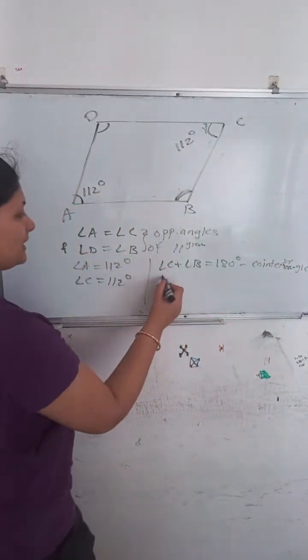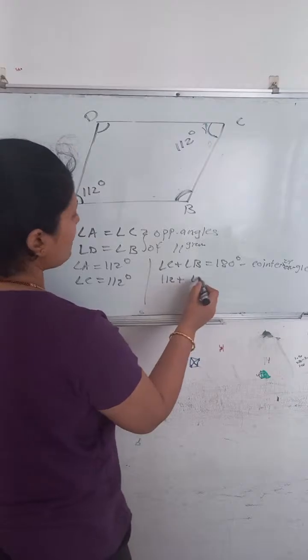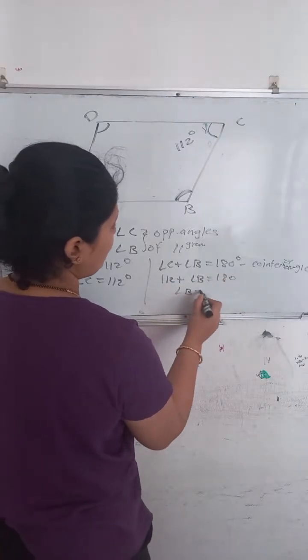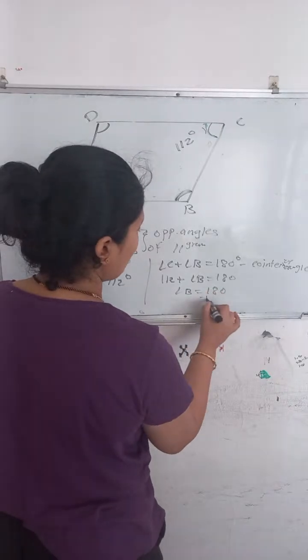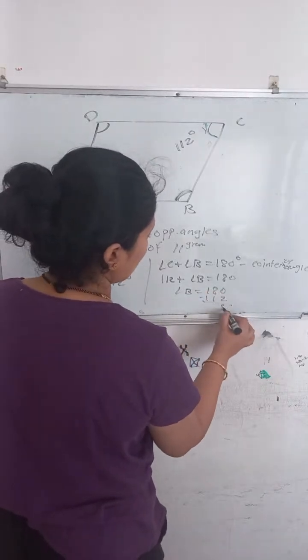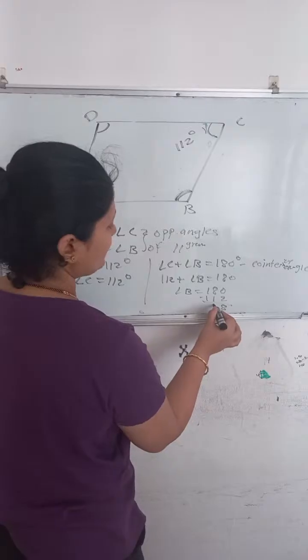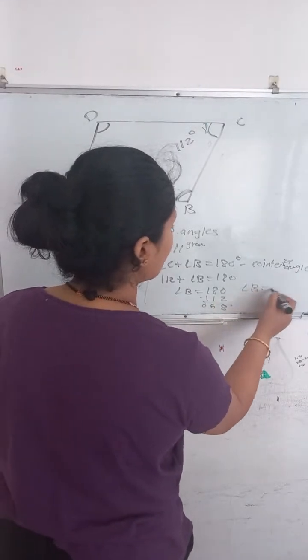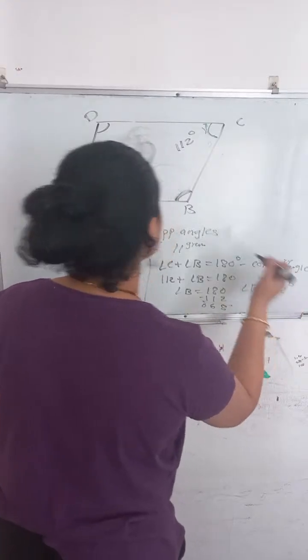Already I got C as 112. Angle B I have to find out. So angle B is equal to 180 minus 112. 10 minus 2 is 8, 7 minus 1 is 6, and this is 0. So angle B I am getting as 68 degrees.